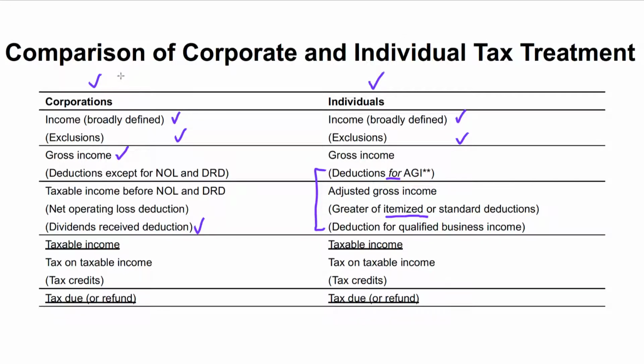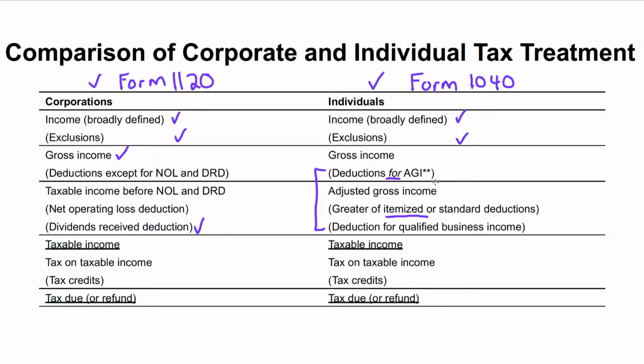We have the Form 1120 for corporations, specifically C corporations, and for individuals, we have the Form 1040. On the Form 1120, we reduce gross income with deductions, but we don't have the same types as individuals, where we have different types of deductions. For corporations, deductions might be in different places, but it still has the same effect.